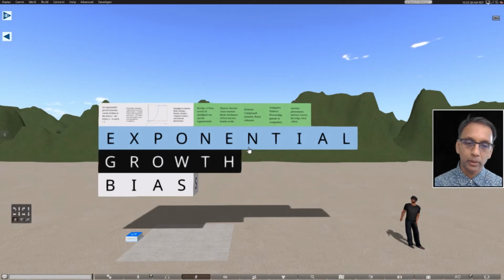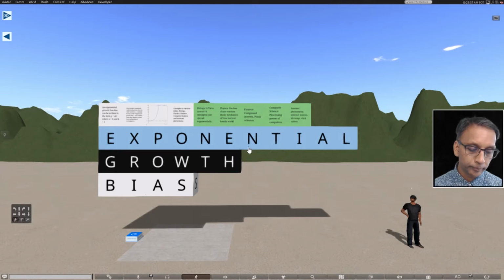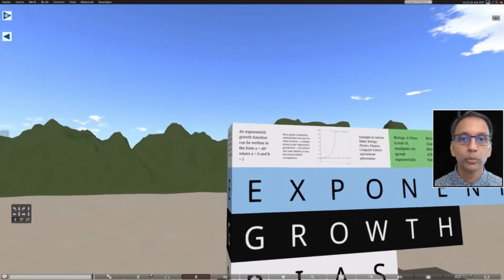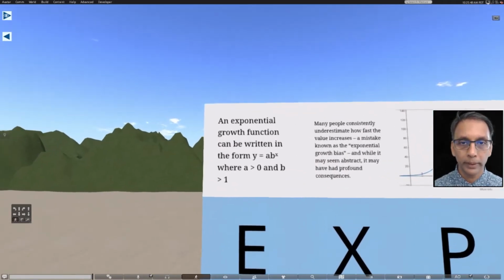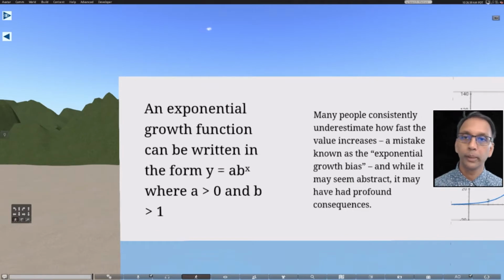I will be working with an example that does not require mathematical equations, but for the benefit of those who understand equations, I will just show or describe what an exponential function is. If you visit Wikipedia, you will see the definition that's given for the exponential growth function.